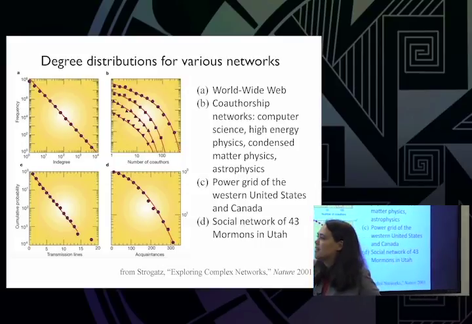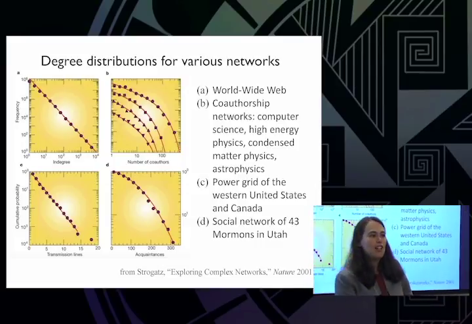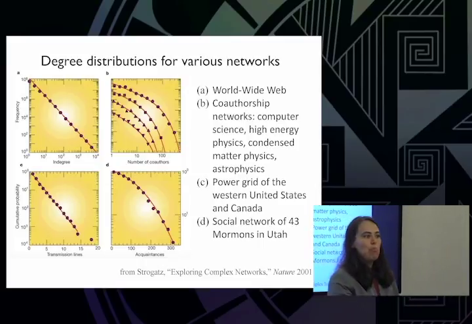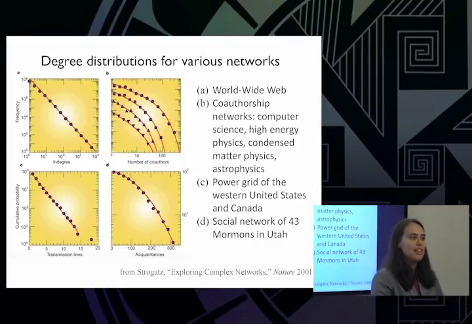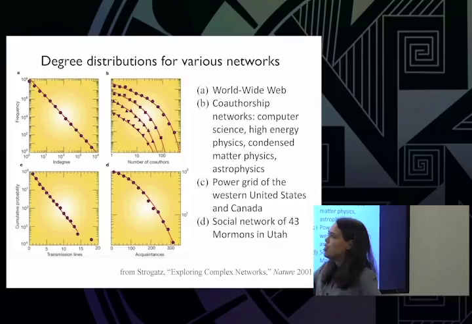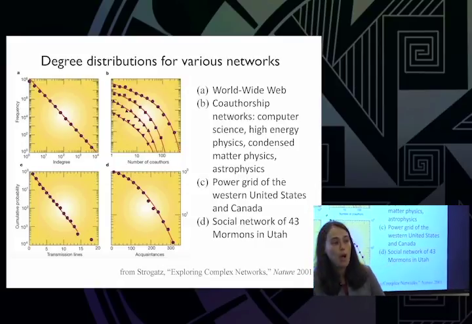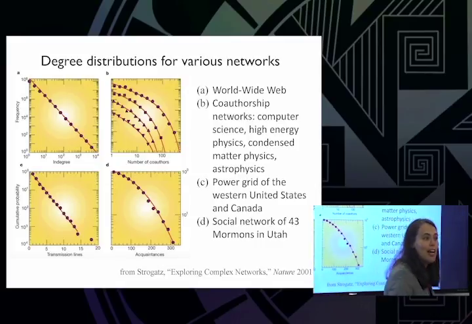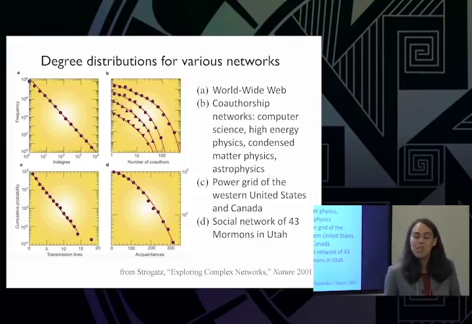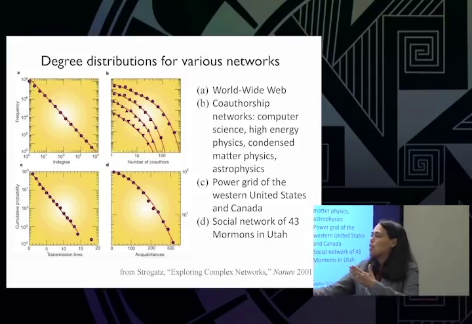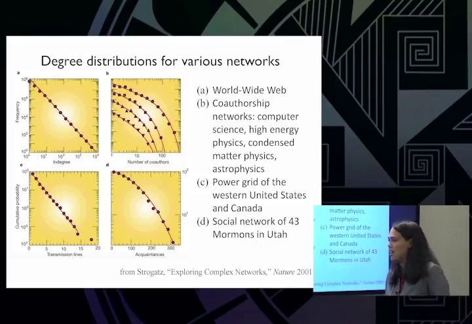One of the things is, there's basically no cost to a website for getting more and more hyperlinks. CNN doesn't notice if you link to CNN. But for these people, there might be some scientists who are way more productive and way more collaborative than others, but there's a fixed limit on how many papers they can actually write. So in that case, you would expect this to turn over eventually.